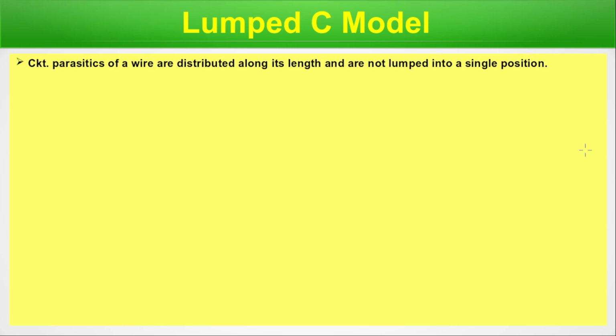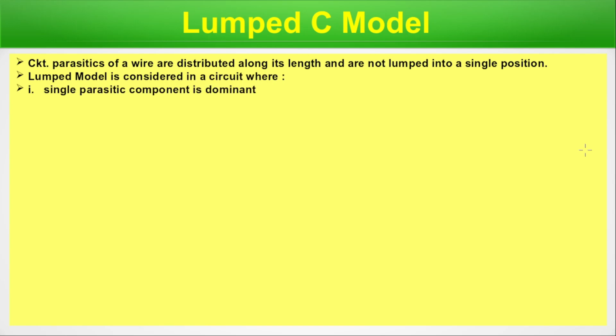Although we know the parasitic is not lumped into a single position, we still follow such a rule for ease of calculation. A lumped model is considered in a circuit where a single parasitic component is dominant. In many cases in maths we keep one parameter and let the other tend to 0, so that the calculations become easier.